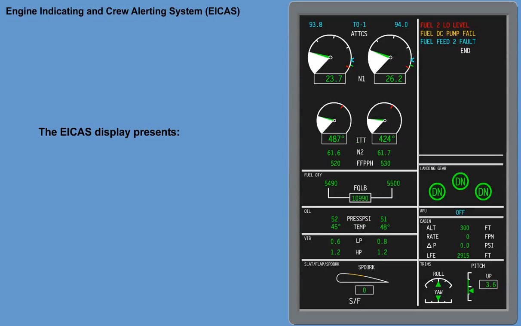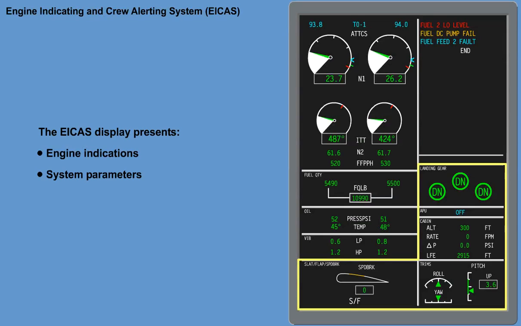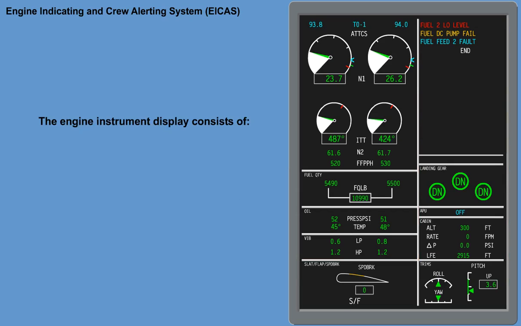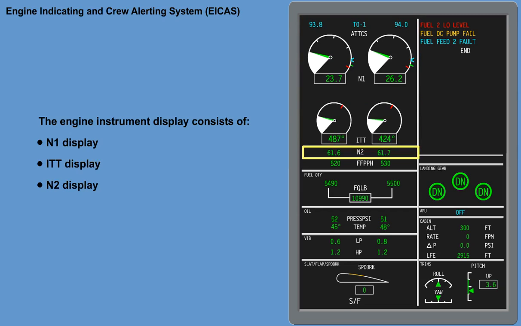The Engine Indicating and Crew Alerting System display, ICAS, presents engine indications, system parameters, and Crew Alerting System, CAS, messages. The engine instrument display consists of N1 display, ITT display, N2 display, and fuel flow display.